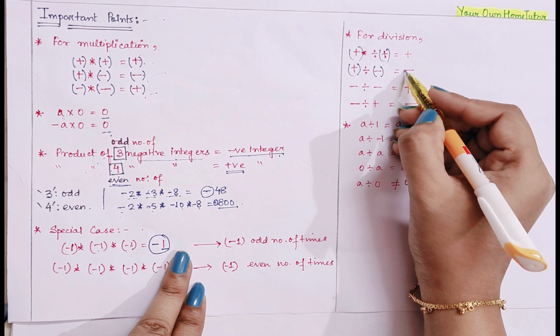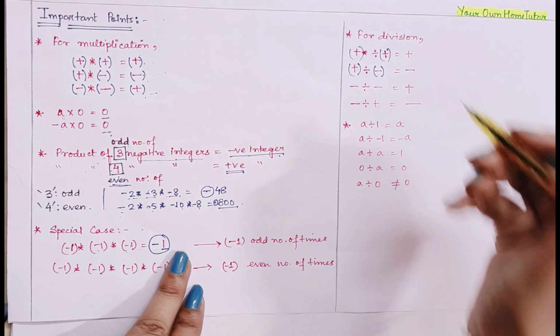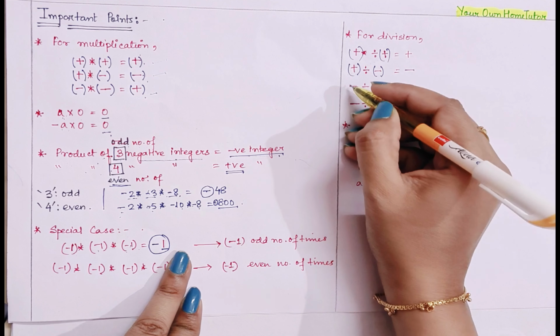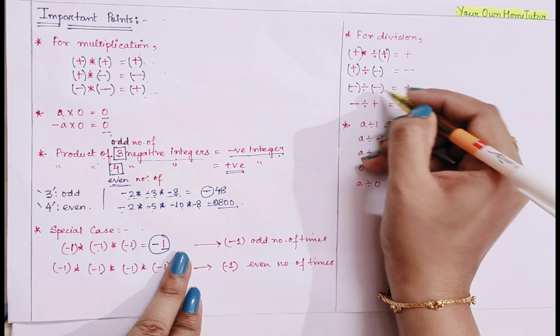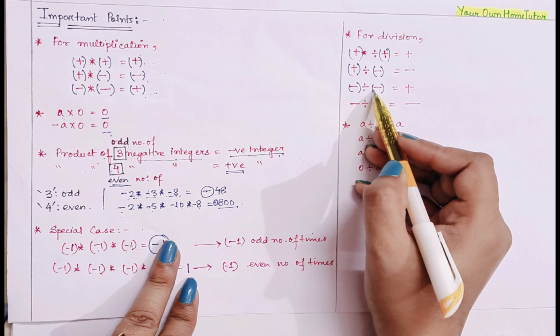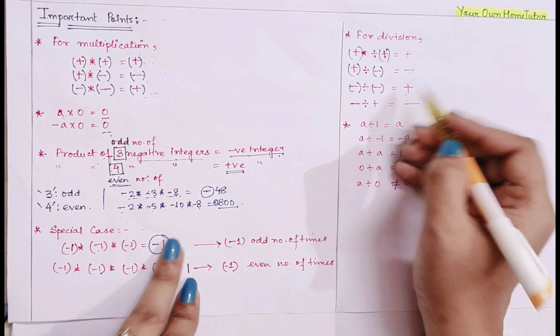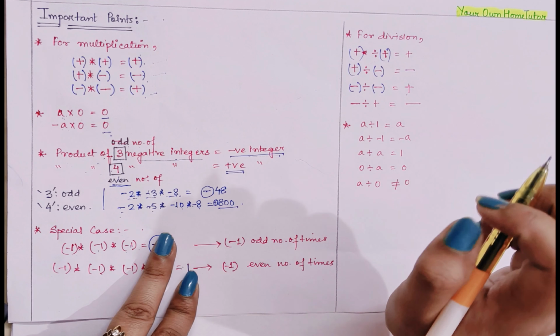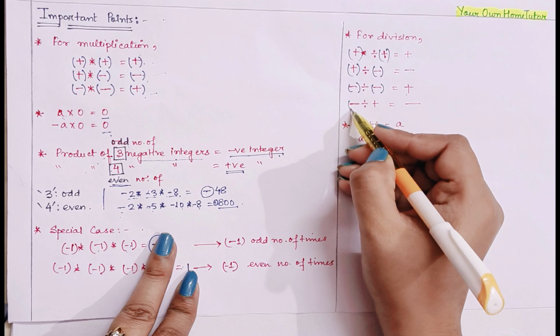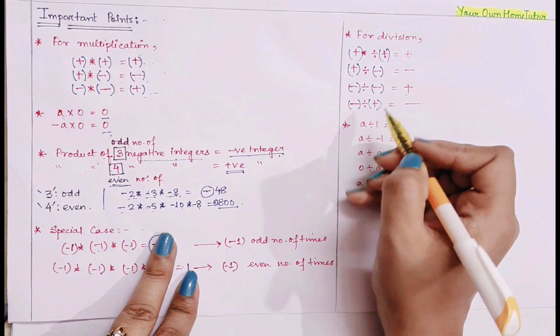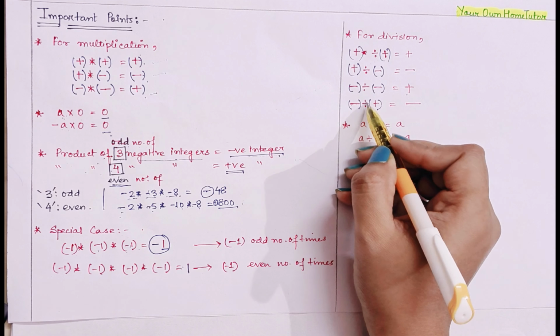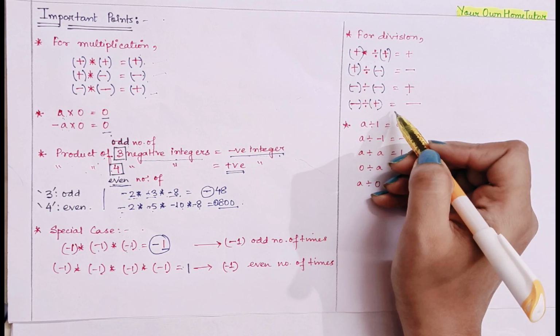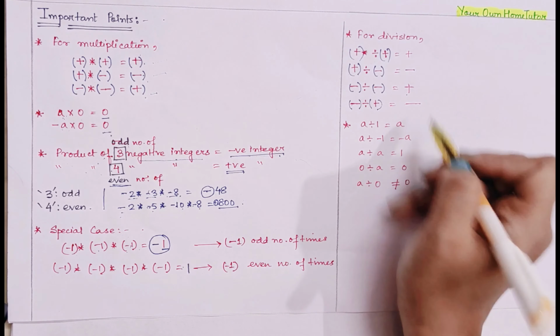Then I will add a negative sign before it. And if I divide a negative integer with a negative integer, first I will perform the normal division and add a positive sign or no sign before that integer. And another point: if a negative integer is divided by a positive integer, then also we will get a negative integer.